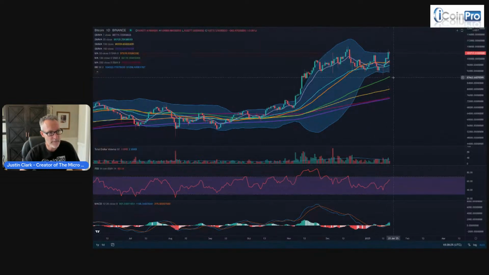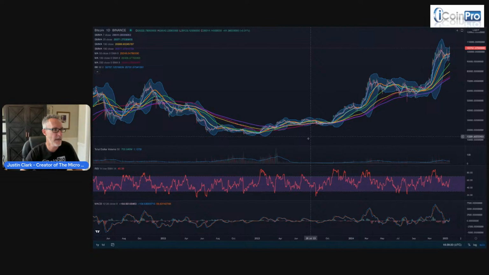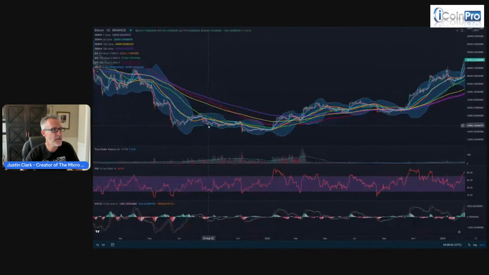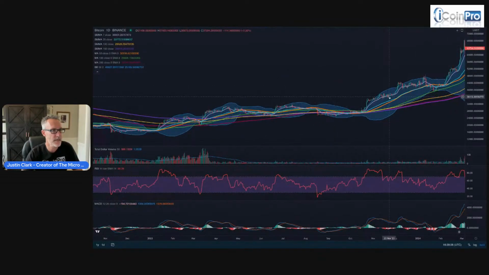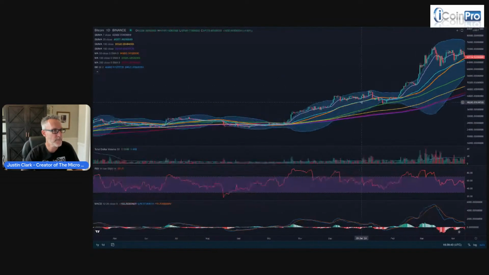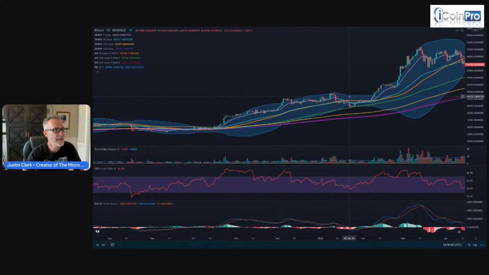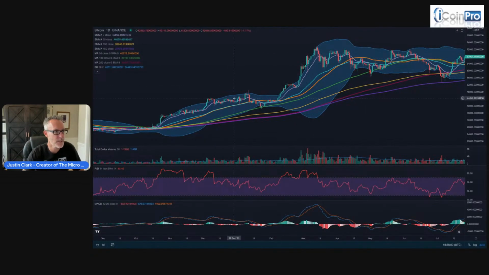So, really quick educational thing: when the price action is trading above all of these moving averages, and in particular gets stuck above this light purple moving average, called the SMMA 7, smooth moving average 7, that indicates that the market is potentially turning bullish or building up bullish momentum.